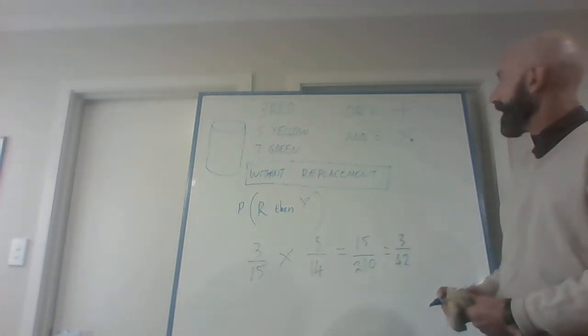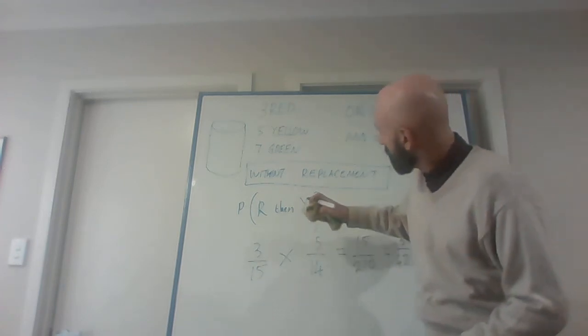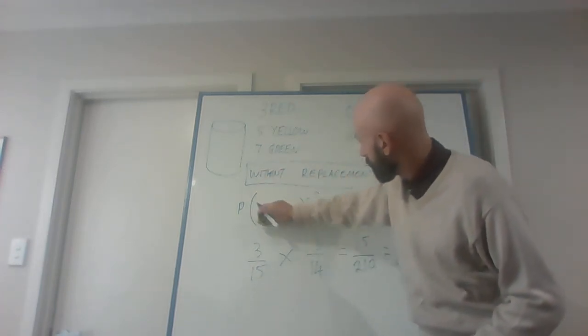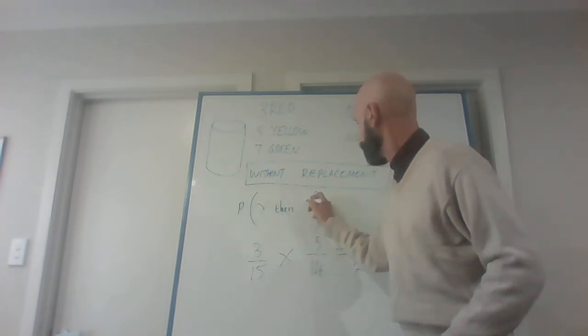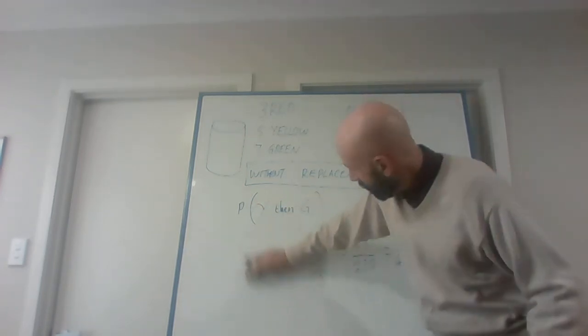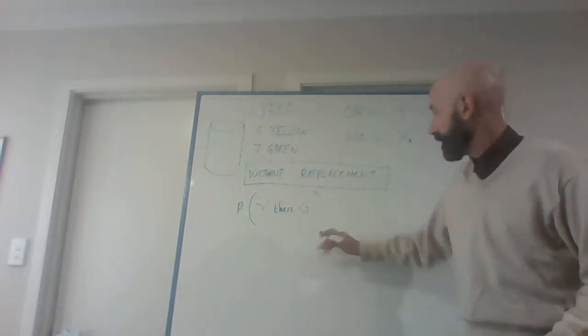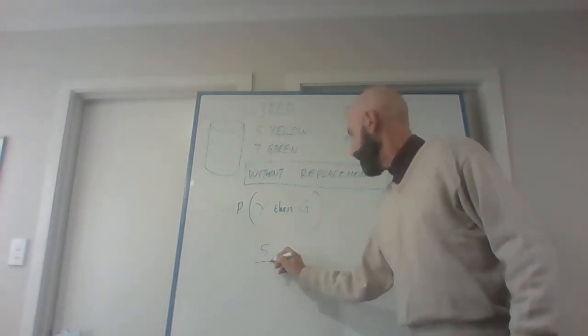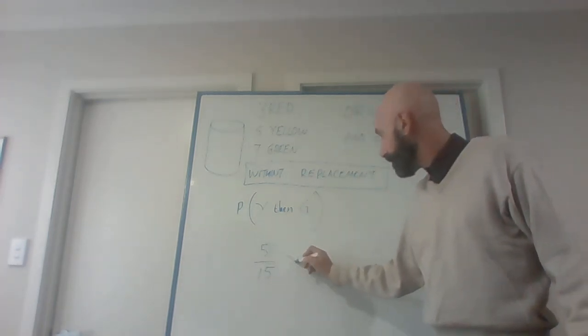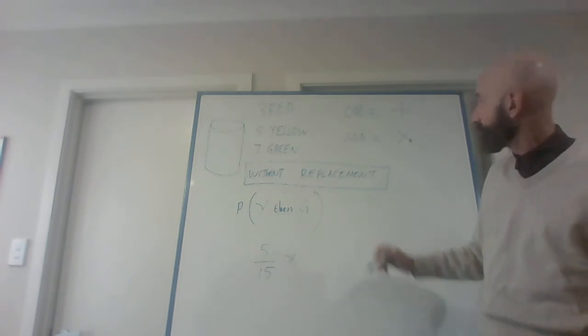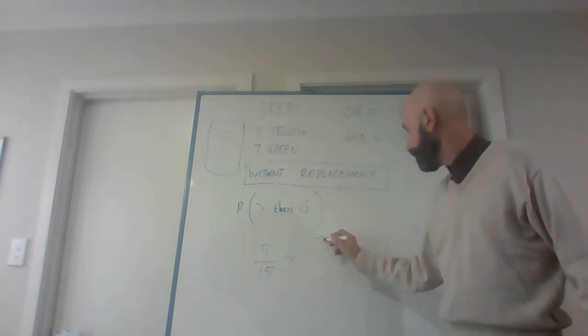What's the probability of getting a yellow, then a green? Same again, guys. What's the probability of getting a yellow one? 5 out of 15. And how many green do I have? 7.